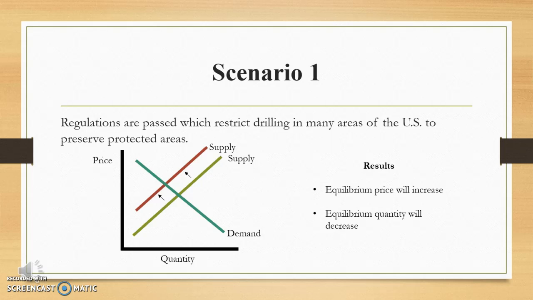And what it will do to the quantity is it's going to decrease, but the price is going to go up because we have that smaller quantity. So this is actually going to take our supply line and make it shift to the left.